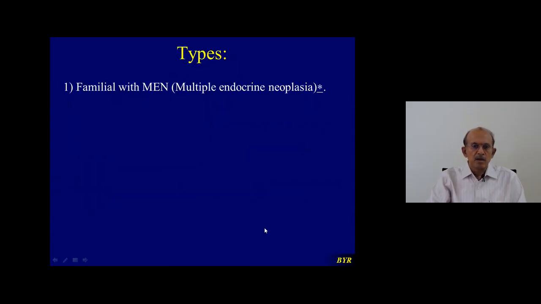Types of medullary carcinoma: familial medullary carcinoma associated with multiple endocrine neoplasia. When I was talking about the anatomy of the thyroid gland, I told you that the parafollicular C cells are derived from the neural crest. The other organs derived from the neural crest may also participate in neoplasia together, so it is called multiple endocrine neoplasia.